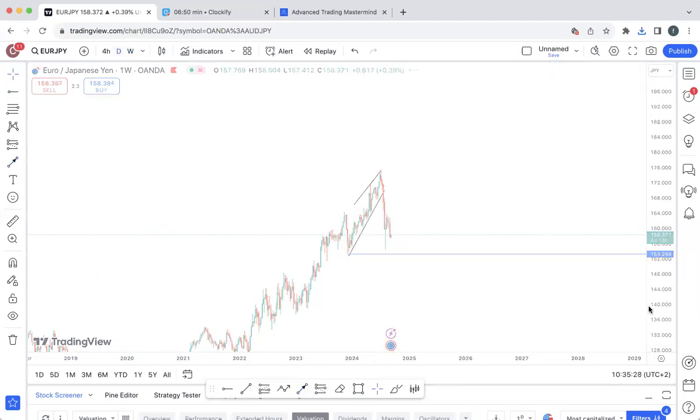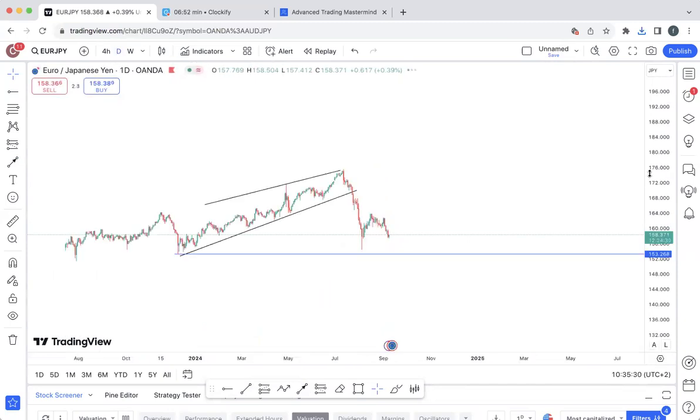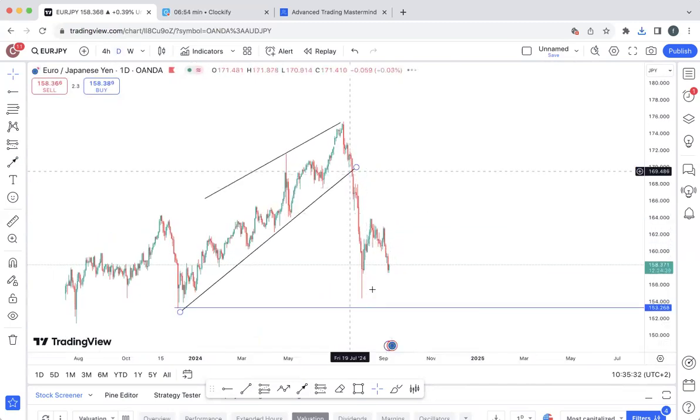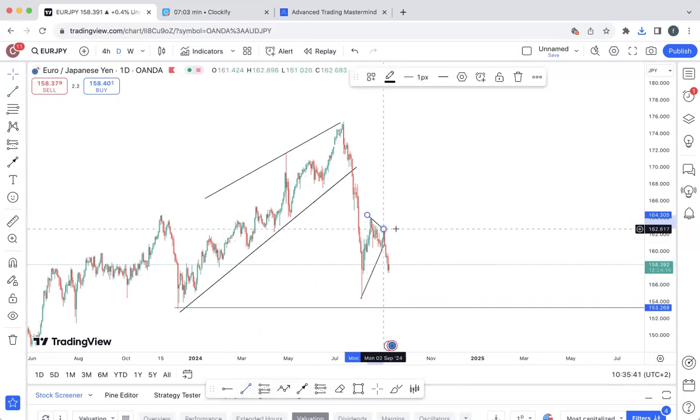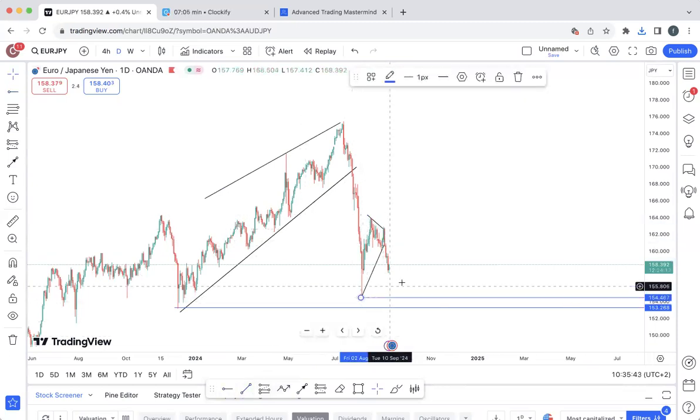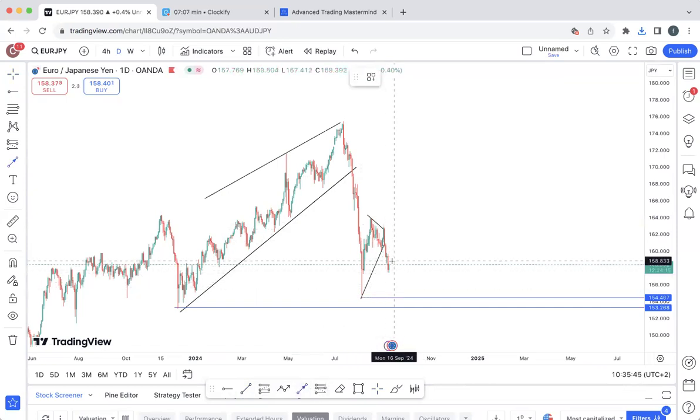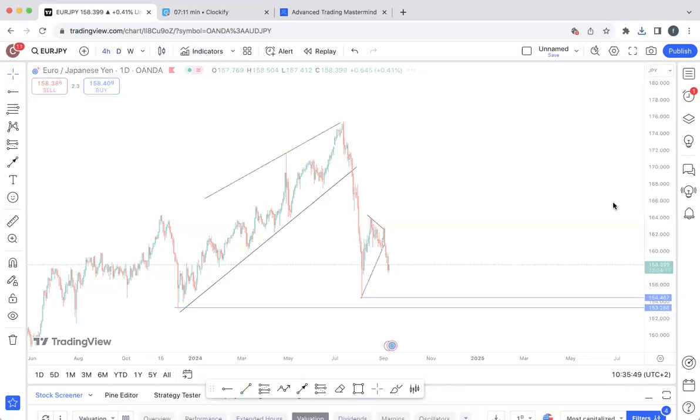And then moving on to our daily time frame, we do see once again price presenting this impulsive movement, and this is our sideways corrective structure in the form of a continuation pattern. So this gives me a high probability of continuing to drop up until these levels. And now when it comes to our entry, what are we looking for?